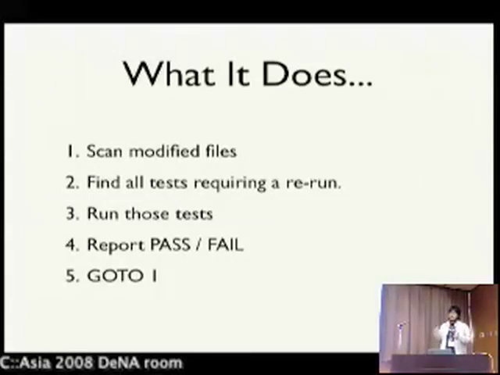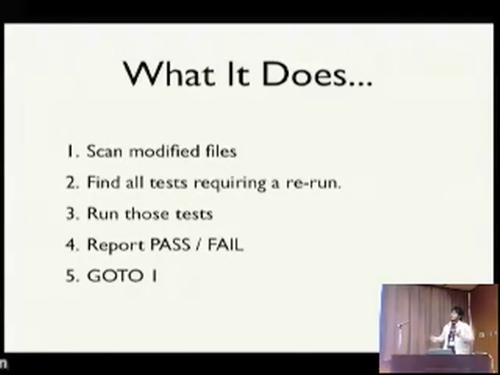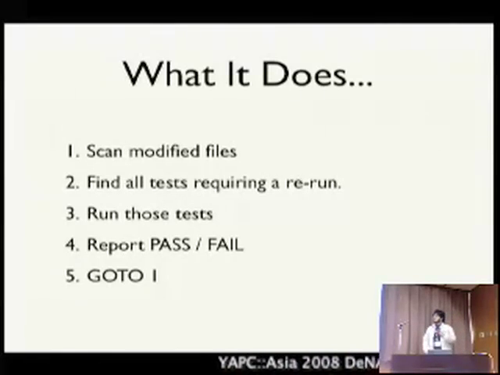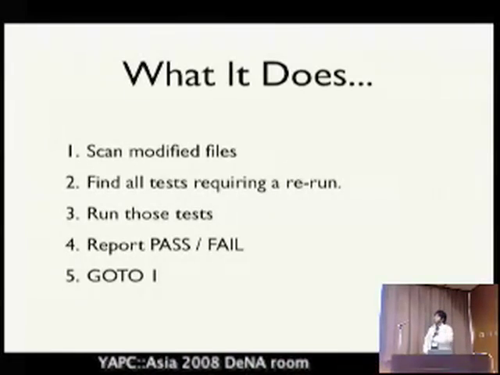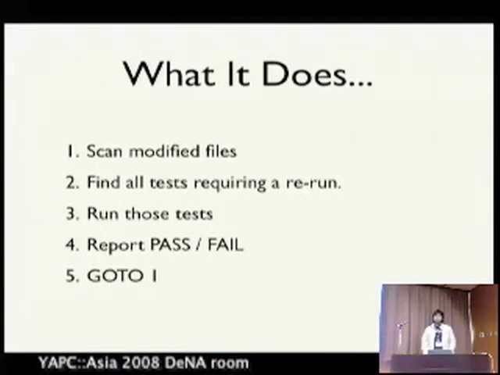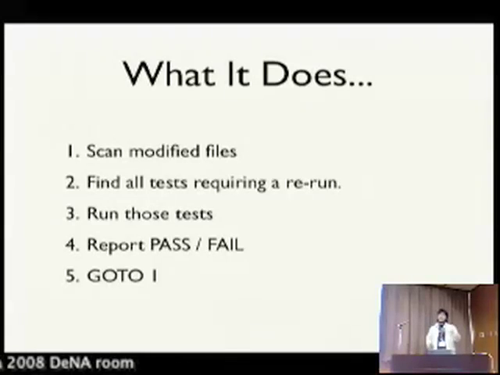Then it figures out a subset of your test suite that requires rerunning, depending on, say, if you're modifying a module, you should rerun 3 files, or 5 files. Then it runs them and reports to you whether it's passing or failing. It's doing all this again and again as a background program, so you don't really need to leave your editor. You can just wait for the result coming out.